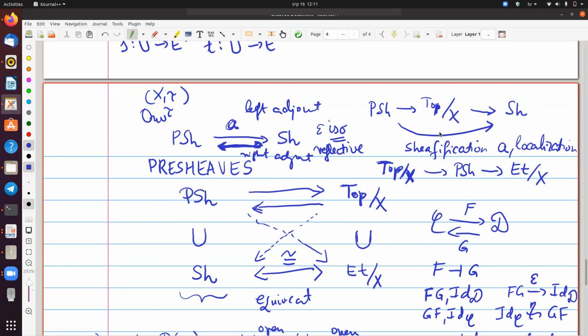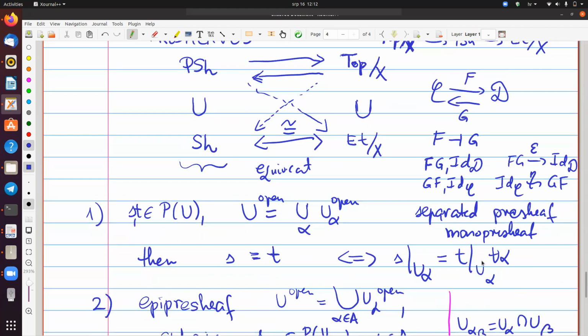The only thing in localization, you use some sort of additive Grothendieck topologies. They're called the Gabriel topologies. In this case, you are using usual Grothendieck topologies. And topological spaces induce a special case of Grothendieck topologies. So, this epsilon and eta satisfy some identities.